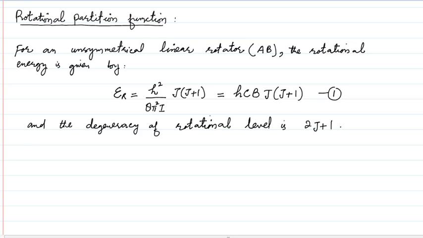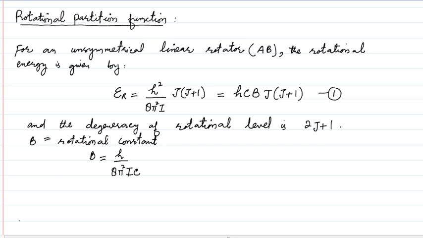Here B is called rotational constant. And this rotational constant is basically equal to h upon 8 pi squared I c. So this is the value of this rotational constant.